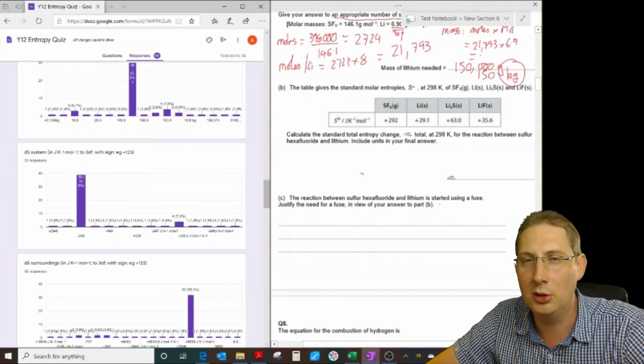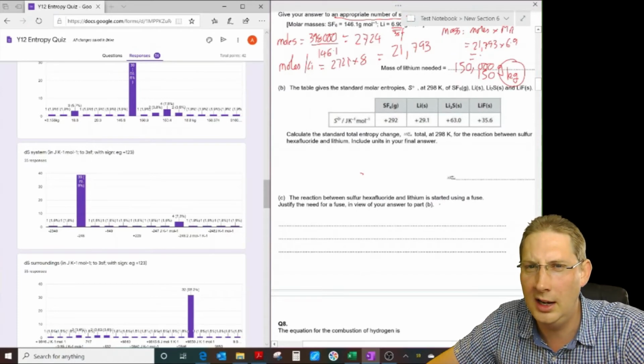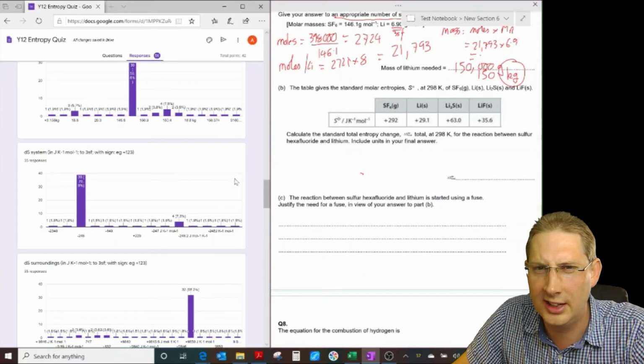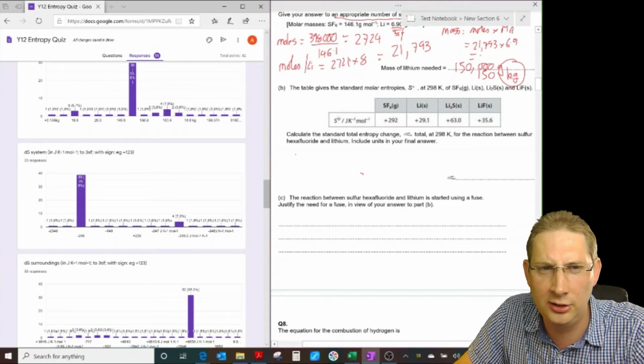The table gives the standard molar entropies. Calculate the total entropy change, delta S total, for the reaction, include units.